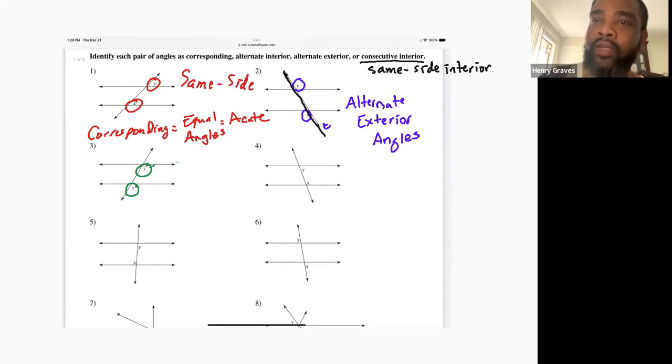So if I draw my T right here, nice and black and bold, you can see that they're both on the same side. Because they're on the same side, one is interior, one is exterior, we can say these are same side angles, and they're also corresponding. They're corresponding specifically because they're both obtuse angles.